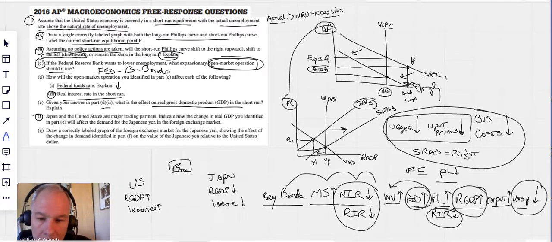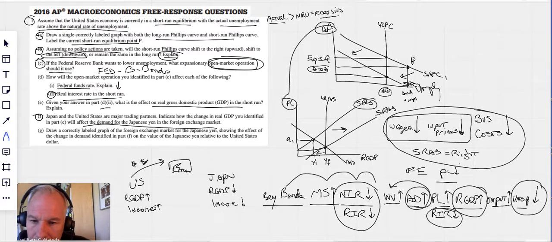So as our incomes go up, we're going to buy more stuff from Japan. What's going to happen to the demand for Japanese yen in the foreign exchange market? Well, as the U.S. is richer, they're going to buy more Japanese stuff. So to do that, they have to take their dollars, right?